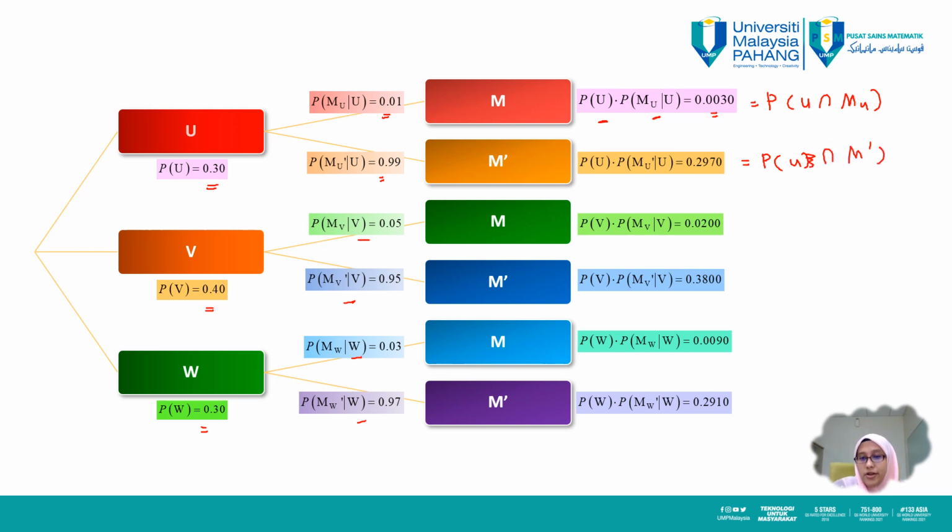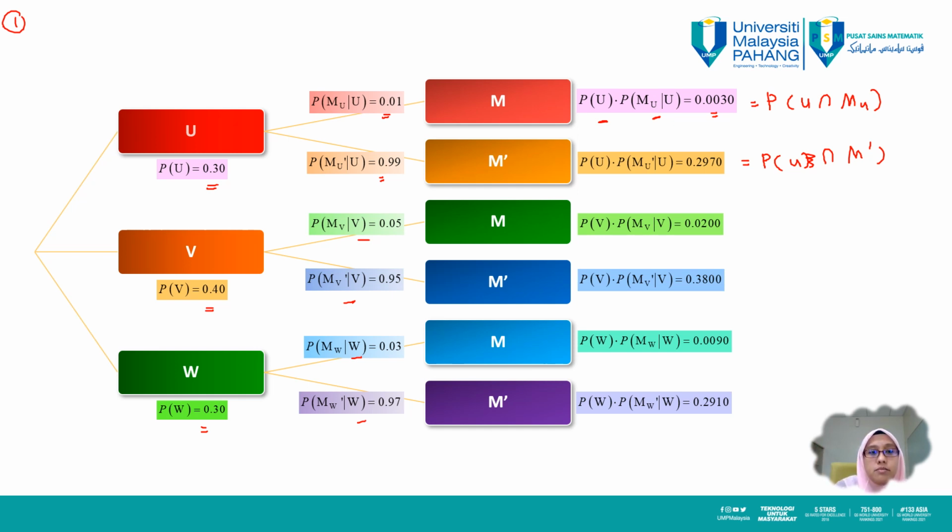And so on. So the first question asks us to find a mistake made in an order. And it does not tell us mistake by U, by V, or by W. It just says mistake. That means we need to consider everything: mistake from U, mistake from V, and mistake from W.